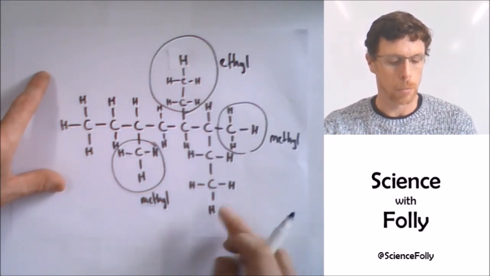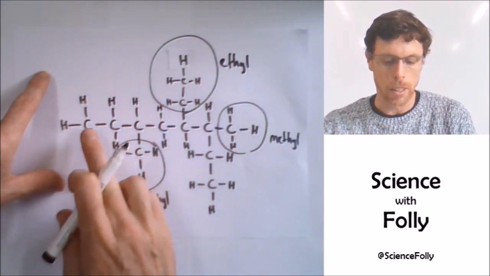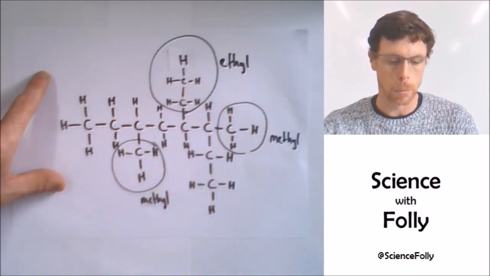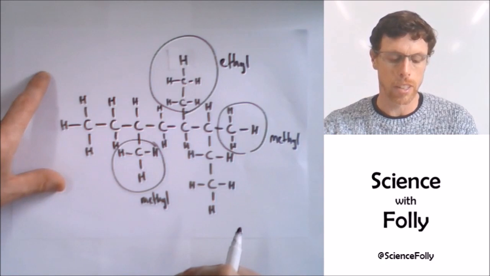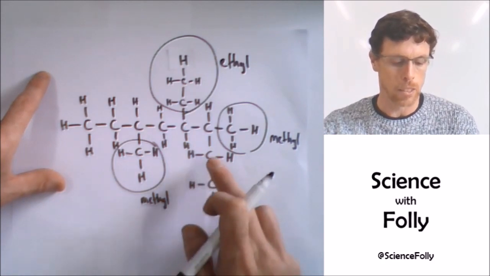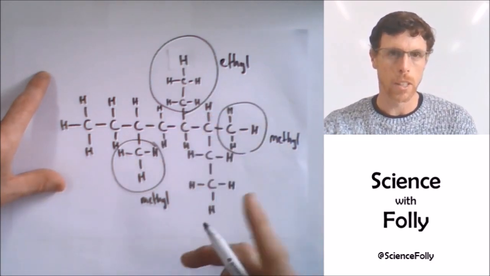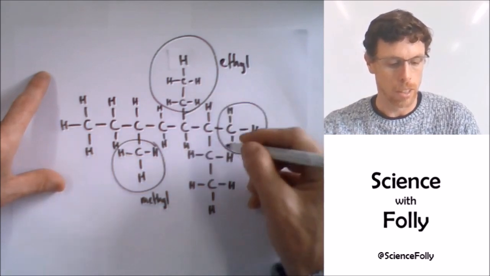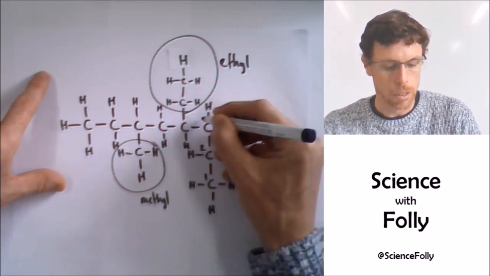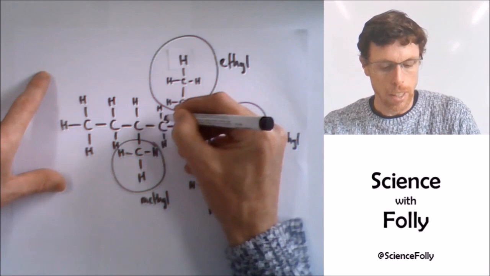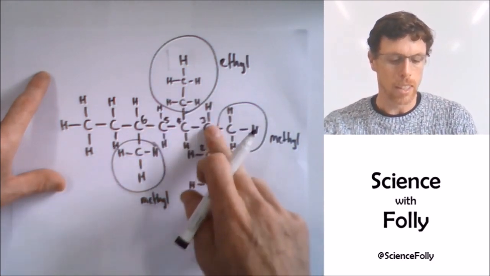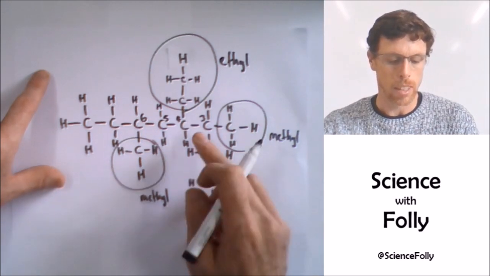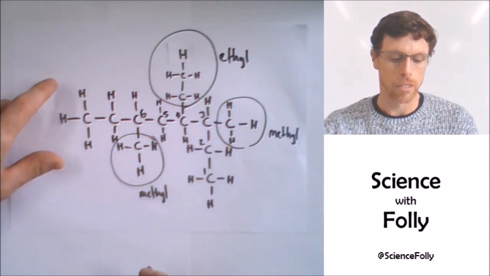Now where do we count from? Well, we count from this way, 1, 2, 3. This methyl group comes off number 3, 4, 5, and the ethyl group comes off number 5. But if we count from this way, 1, 2, 3, 4, we get to the ethyl group first. So this is going to be number 1, 2, 3, 4, 5, 6. So we've got a methyl group coming off number 3, a methyl group coming off number 6, and an ethyl group coming off number 4.